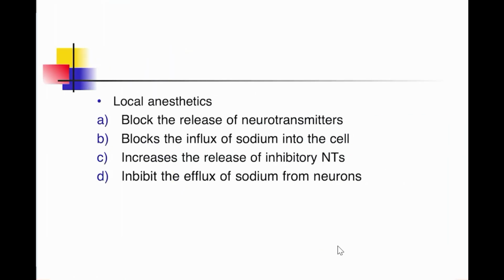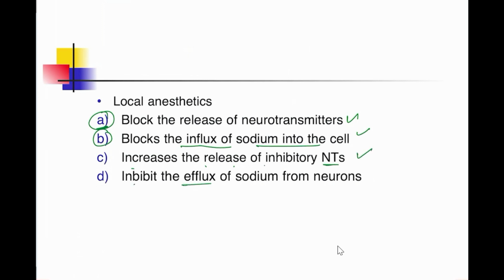Now you can see a few MCQs on local anesthetics. The first choice, A, is block the release of neurotransmitter. B is block the influx of the sodium ion into the cell. Then, increase the release of inhibitory neurotransmitter.